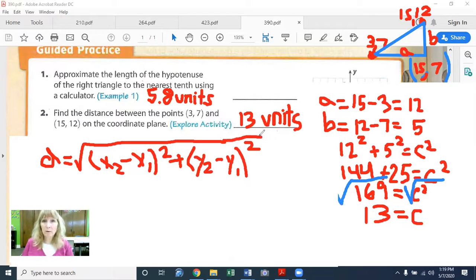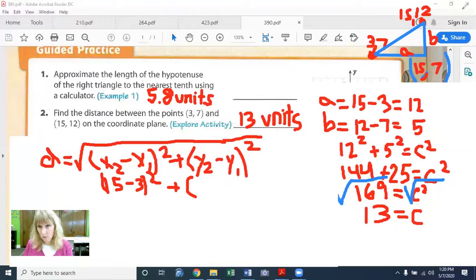So we just plug in the numbers. We have our two X points here, a 3 and a 15, which is what we did over here. We did 15 minus 3, and then we square all that, right? And then we add to that. That's A squared plus B squared, right? What's the distance for B?